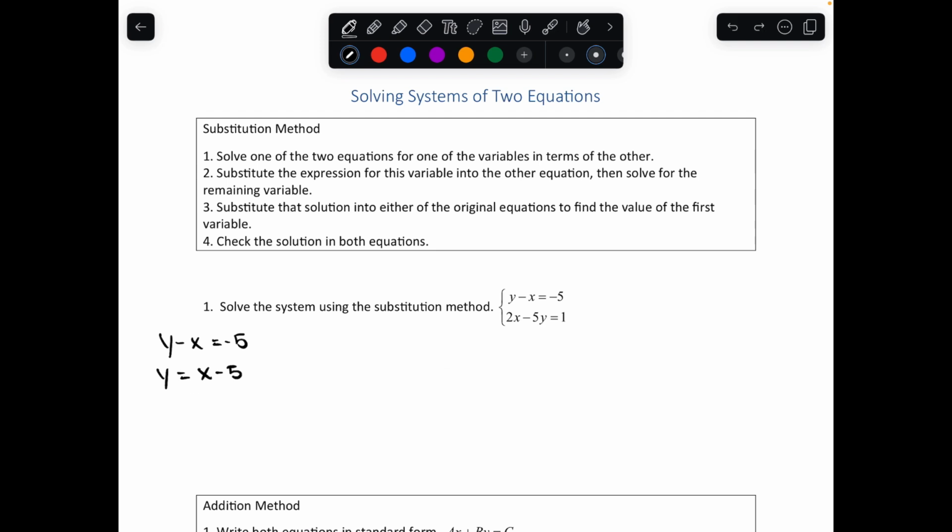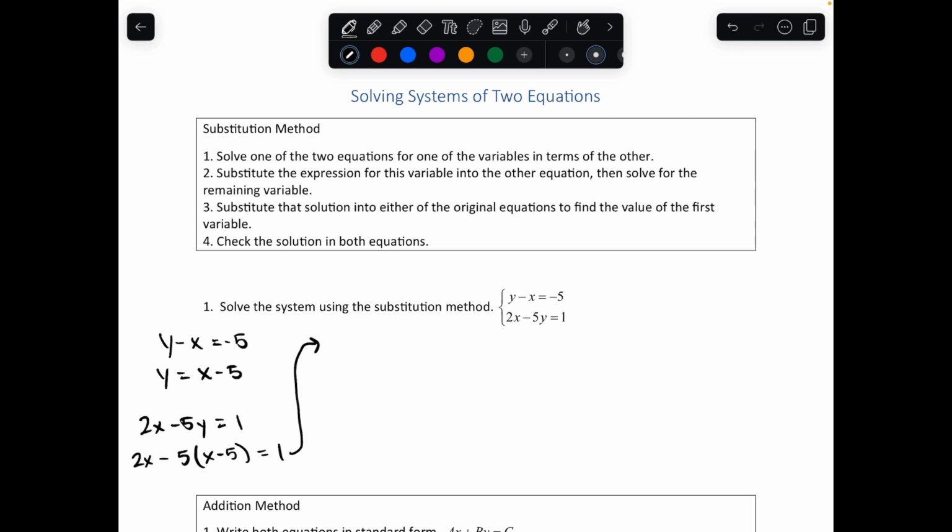My other equation is 2x minus 5y is equal to 1. But we just found out that y is equal to x minus 5. So this will be 2x minus 5 times (x minus 5) is equal to 1.